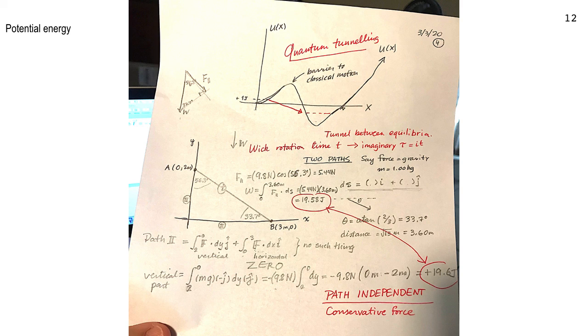So let's do it up here, W, and then I have parallel to the path and orthogonal to the path. So 33.7, that's this.